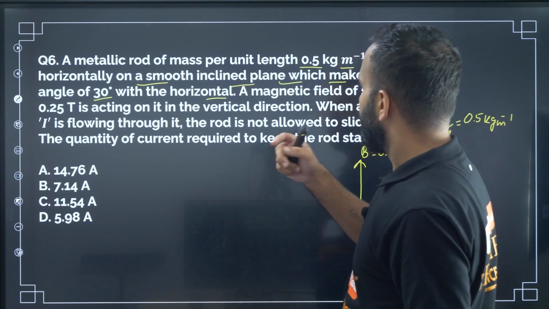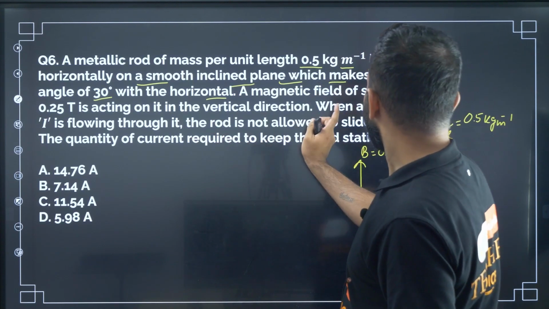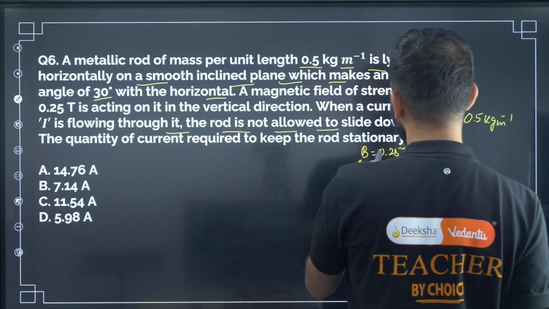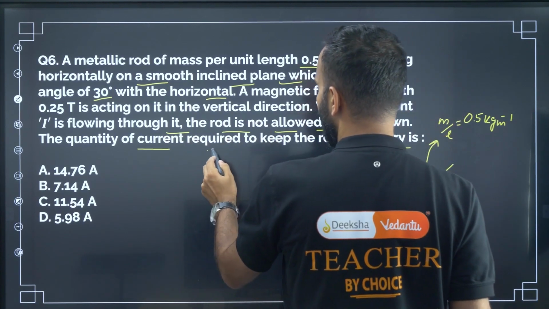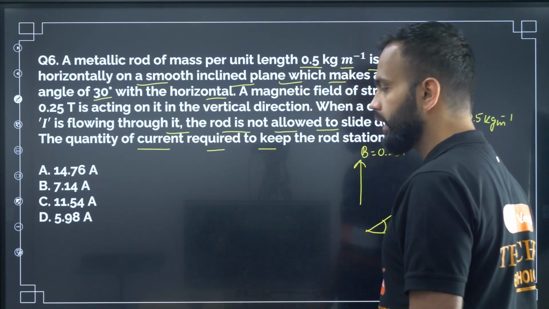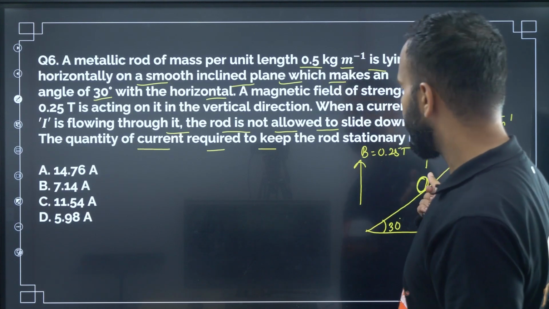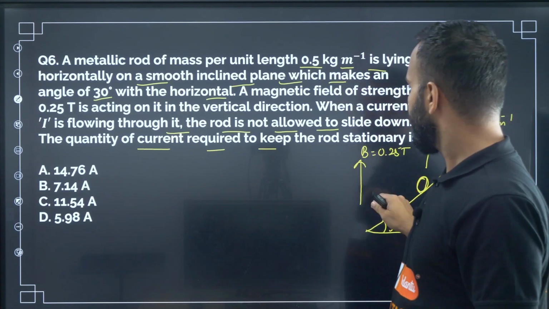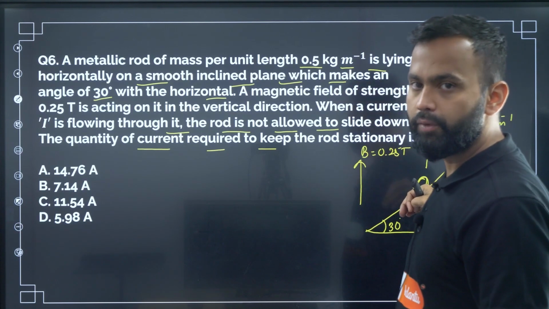When a current I is flowing through it, the rod is not allowed to slide down. The quantity of current required to keep the rod stationary is, so we need to find the value of I flowing through the rod, so that the rod is in equilibrium.